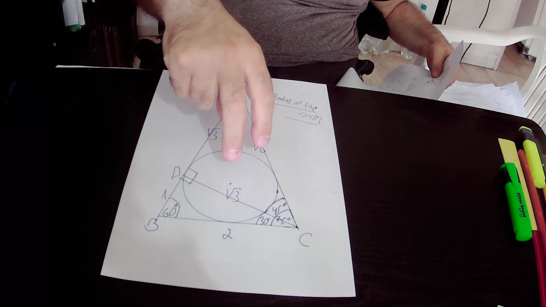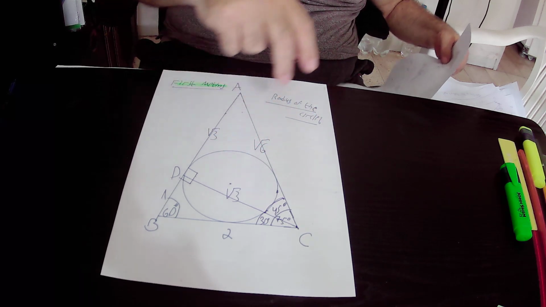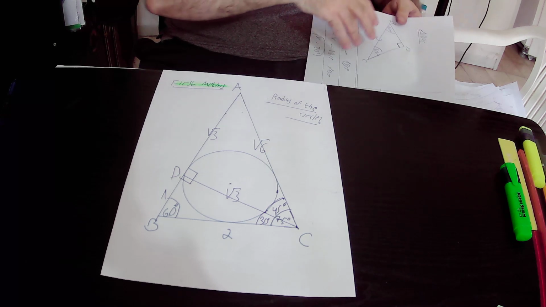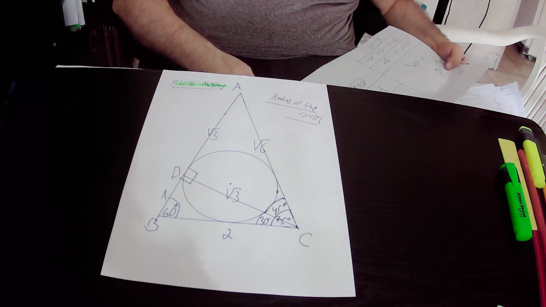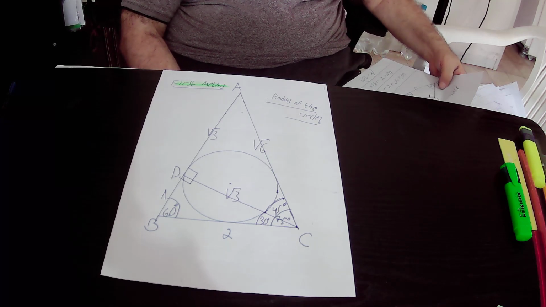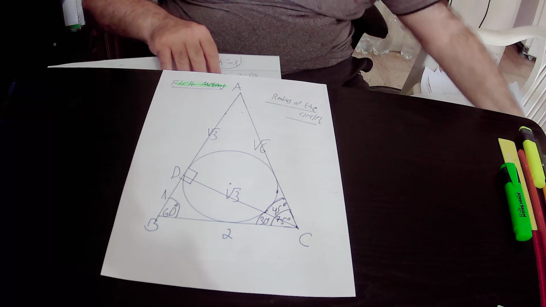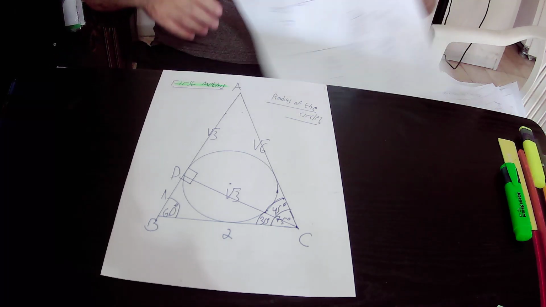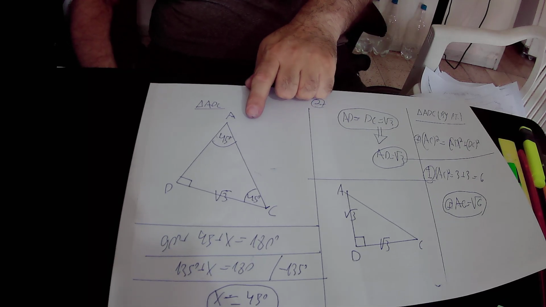Then I copied the right triangle ACD in the new page and we analyze triangle ADC. This is triangle ADC that I copied from the original drawing.